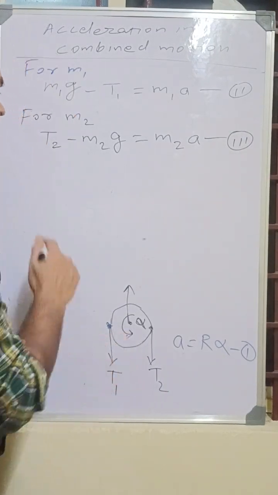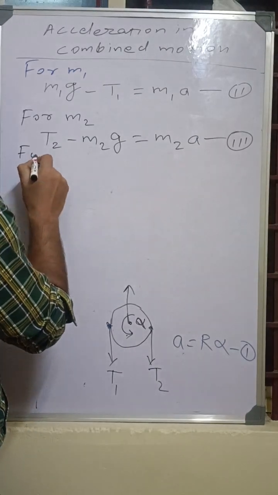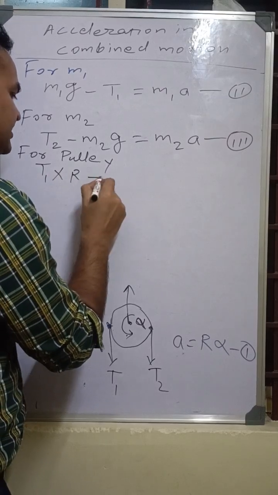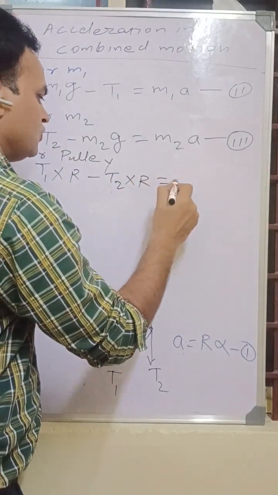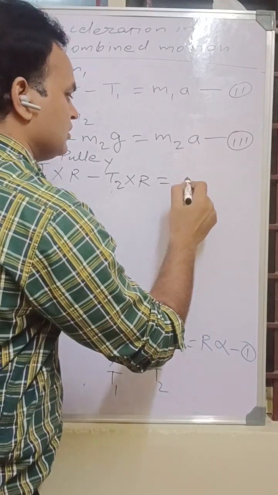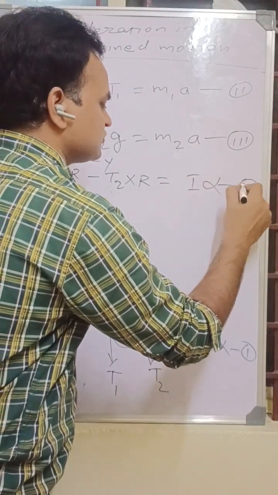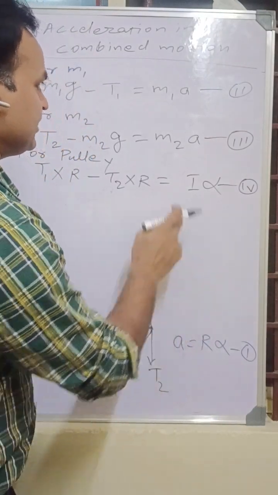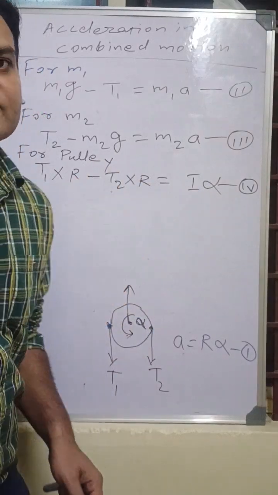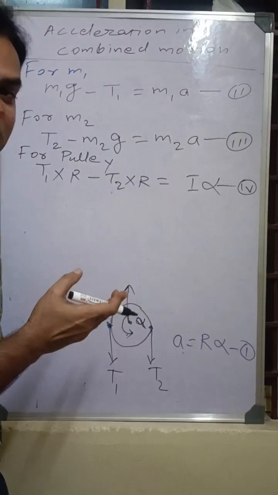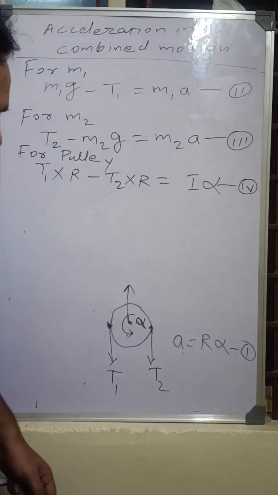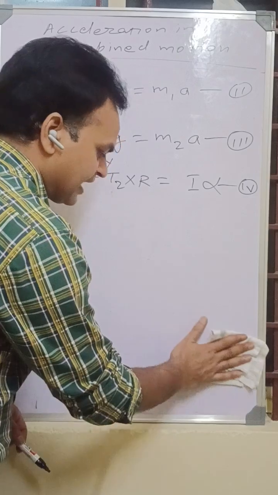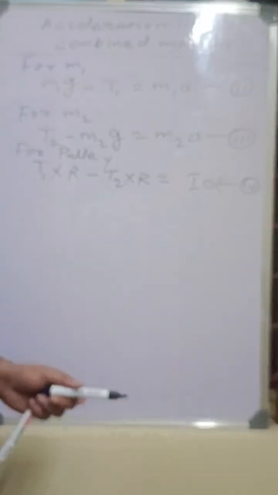So for the pulley, T1 into R minus T2 into R equals I into alpha. This is equation 4. And we have alpha, A, T1, T2: 4 unknowns and 4 equations. It means it can be solved, and it will have a non-trivial, valid, real solution.